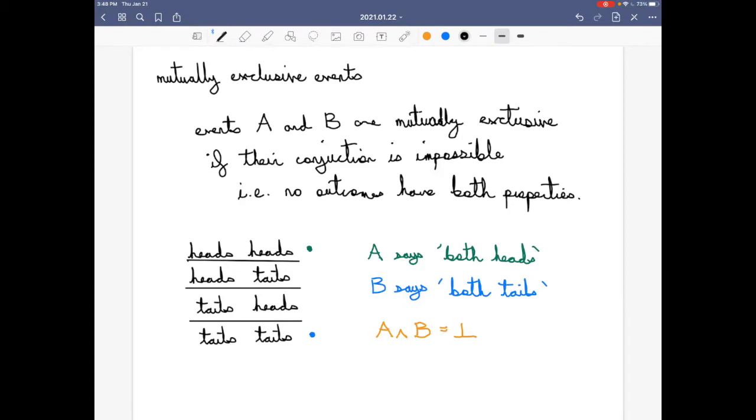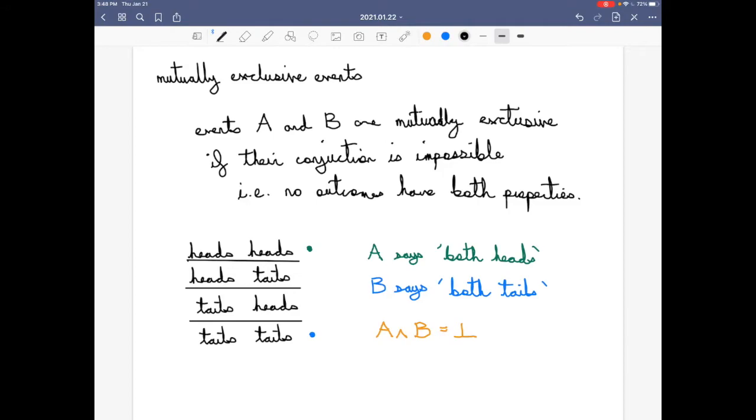Okay, so the last concept we need to get to before we state the actual axioms is the concept of mutually exclusive events. So we say that two events are mutually exclusive if their conjunction is impossible. So we have these two events, and they're each defined by some property or condition, and there are just no outcomes that share both properties.